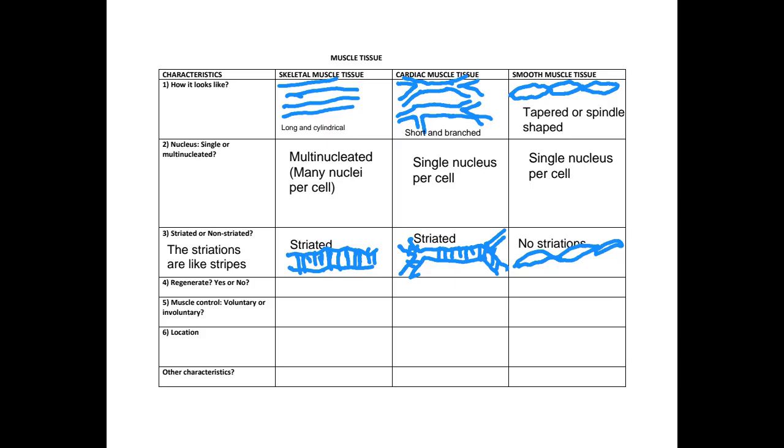So skeletal muscle tissue, does it regenerate? And the answer is yes. So it regenerates pretty well. Cardiac muscle tissue does not regenerate. So if your cardiac muscle tissue gets damaged, then it is done.